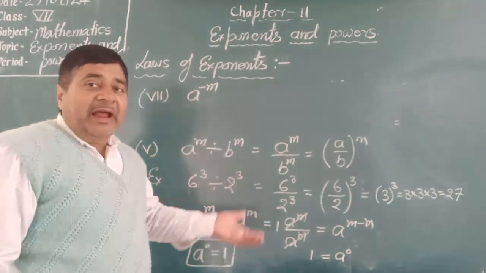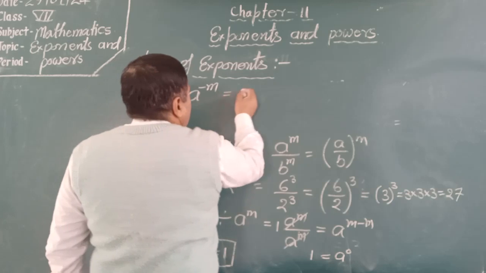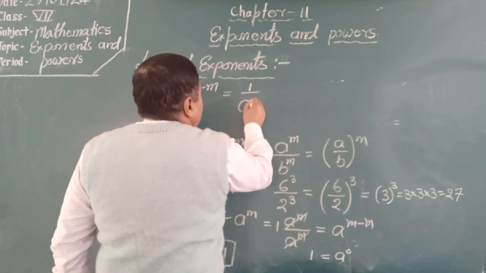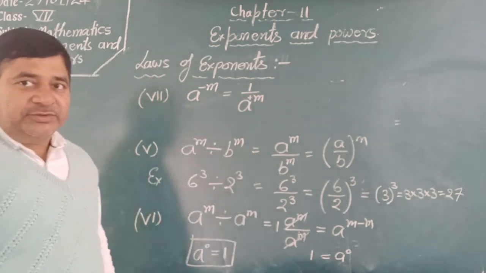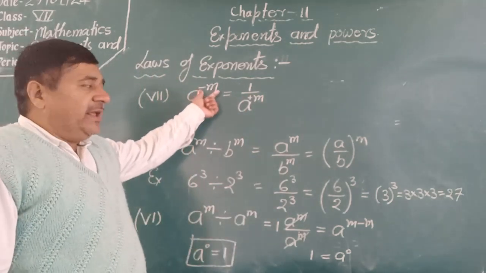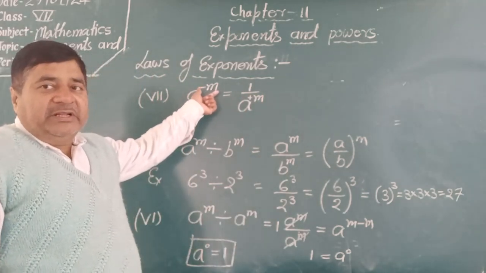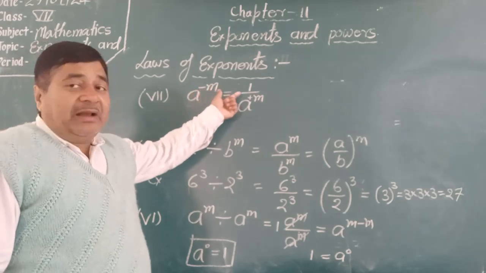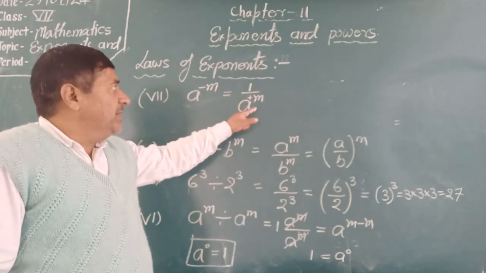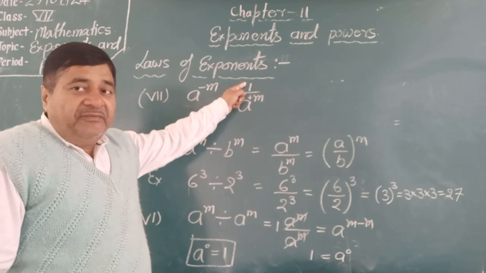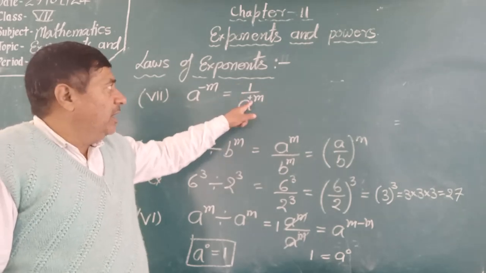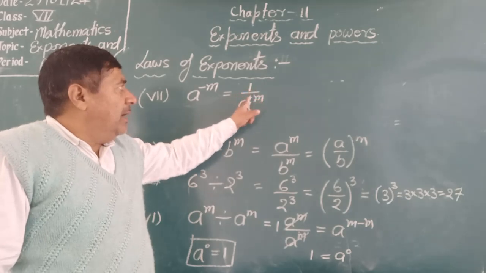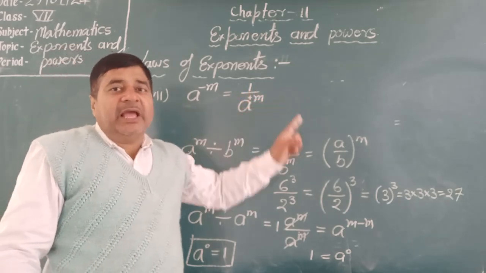Then you can write it as a to the power positive m. Here the exponent is in the form of a negative integer. Then you can write a positive exponent, but we write it in the denominator. That means 1 upon a to the power m.